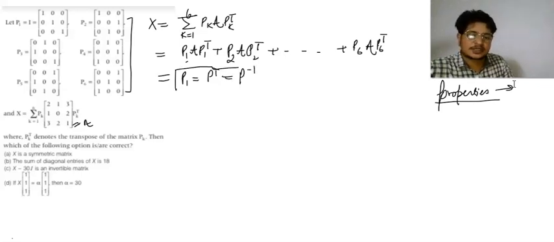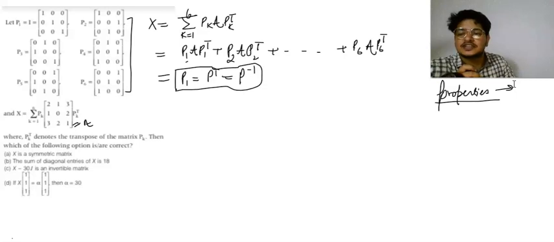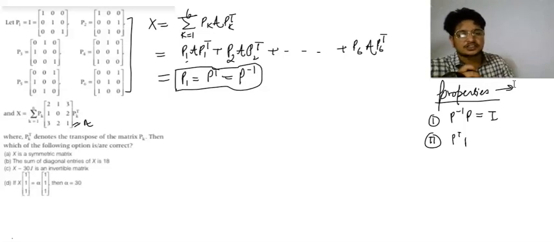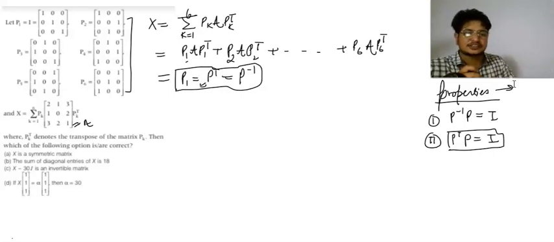This is the property given, which we can understand from the matrices. So the first property I will write is P inverse P equals I. Second, instead of P inverse we can write P transpose P equals I. Hope you understand why, because this is given here.